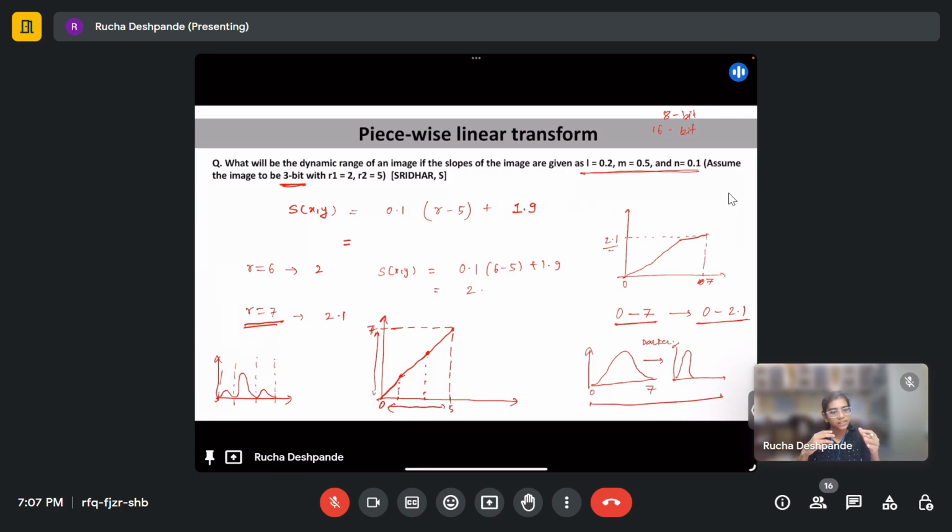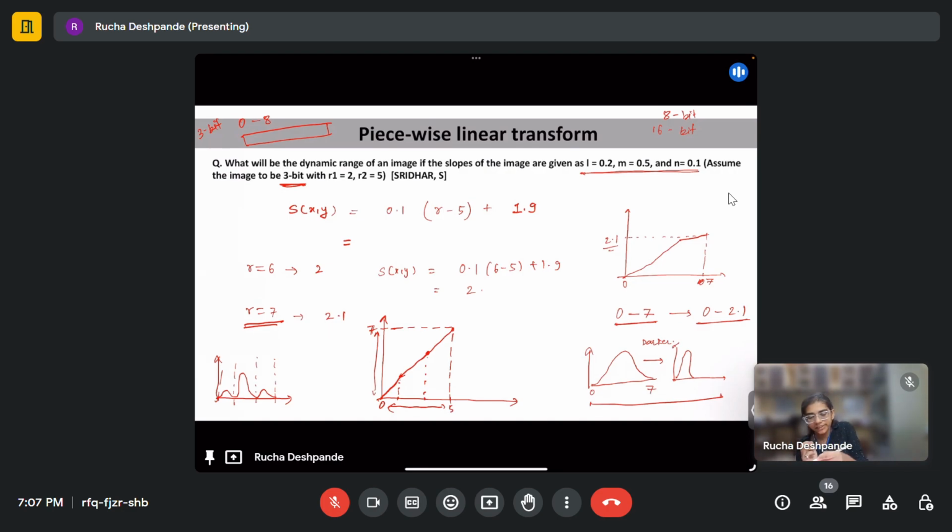And if the sensor is not very sensitive, it can only sense a small range of intensities. Suppose it's a 3-bit image, then it can only differentiate between 8 different intensities. If it is a better sensor, it can differentiate even higher levels of intensities. So that will depend on what kind of image you are using.